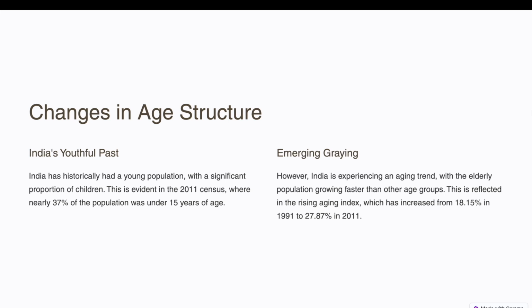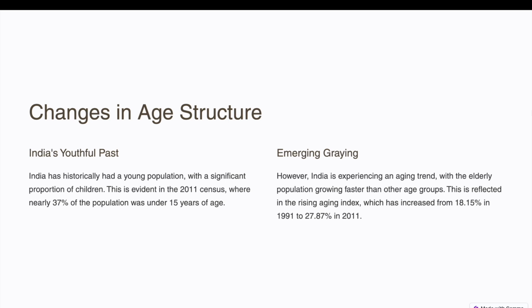However, despite this youthful age structure, an important trend is emerging. The elderly population is growing faster than any other age group, while the 0 to 14 age group has shown negative growth in recent years. A critical measure here is the index of aging, the ratio of people aged 60 and above to those aged 0 to 14.